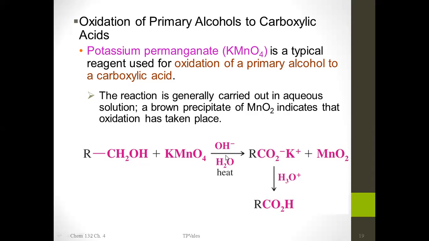We do this reaction in a basic medium with heat, in aqueous solution, and you get a brown precipitate of MnO2.